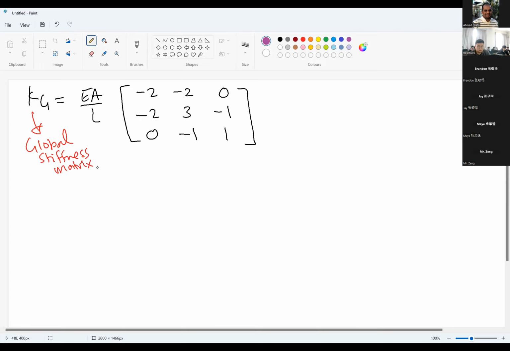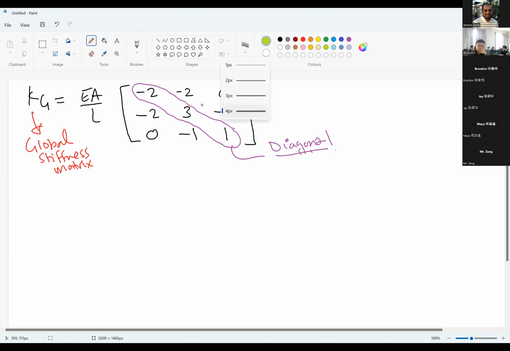There is a thing we need to know here: this is the diagonal member I was talking about before. This is called the diagonal member or diagonal row, only the diagonal. What you notice about the matrix is that the part above the diagonal is symmetric with the bottom part.